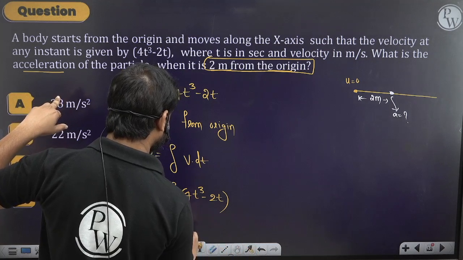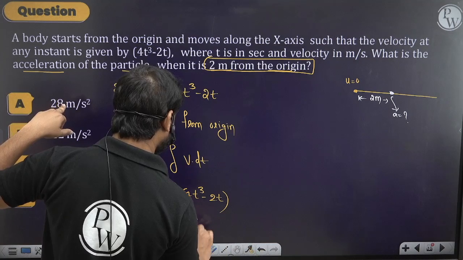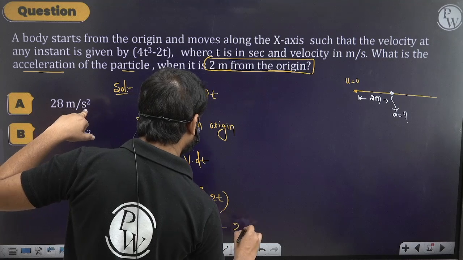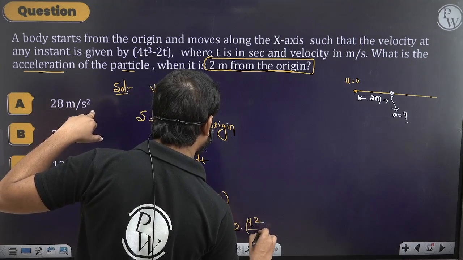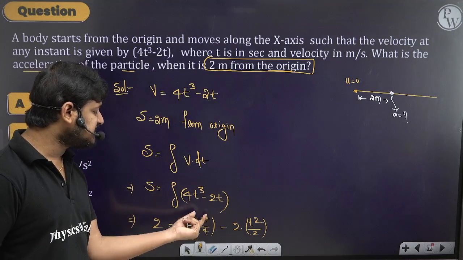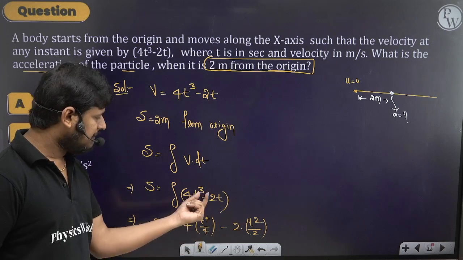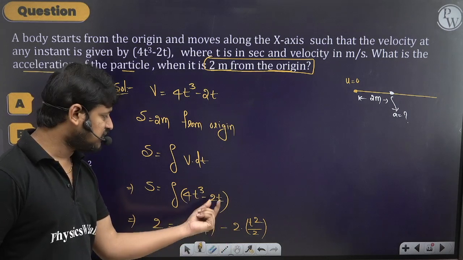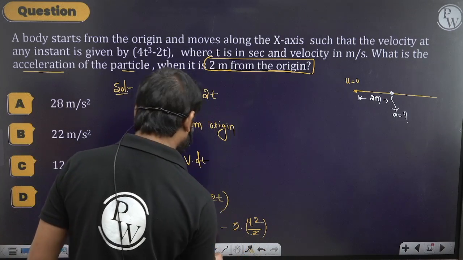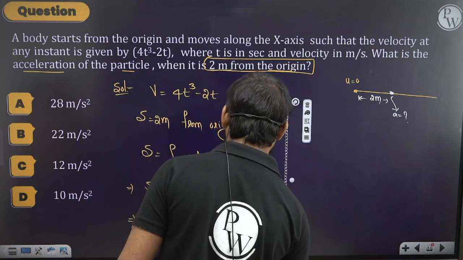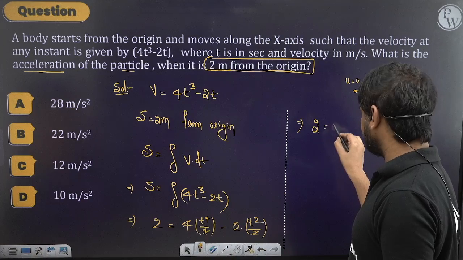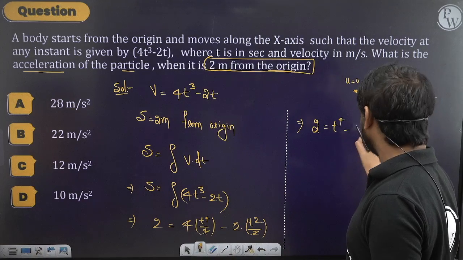So let's write separately: 4 into t to the power 4 by 4, minus 2 into t square by 2. Here 4 cancels, 2 cancels, so that we get 2 is equal to t to the power 4 minus t square.